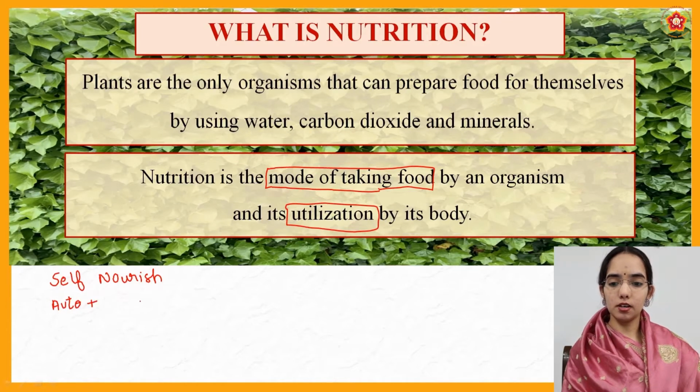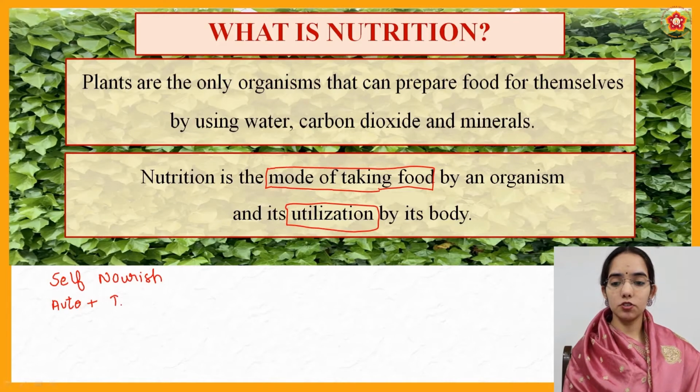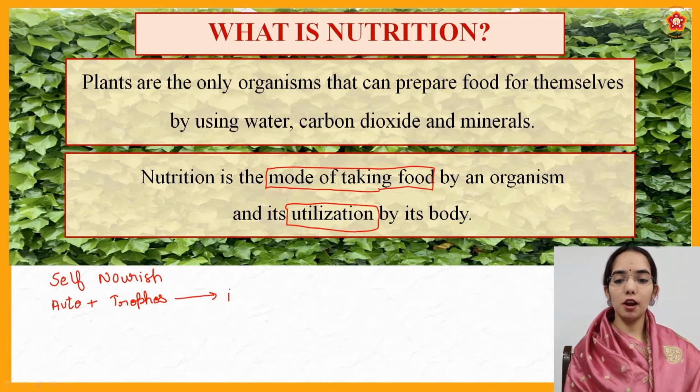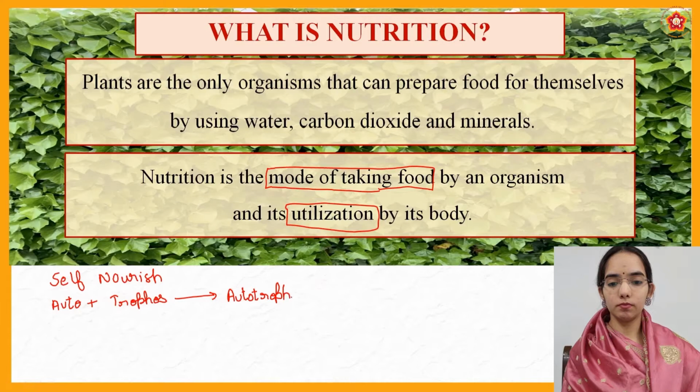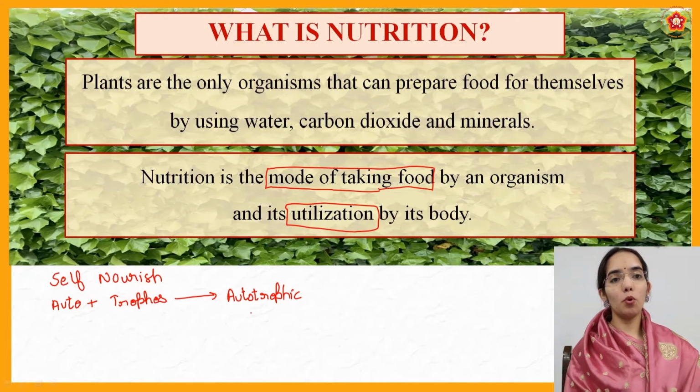And another term for nourish is trophos. So what this suggests is that plants follow autotrophic mode of nutrition.